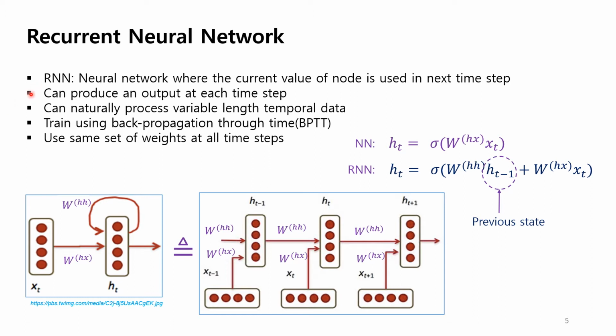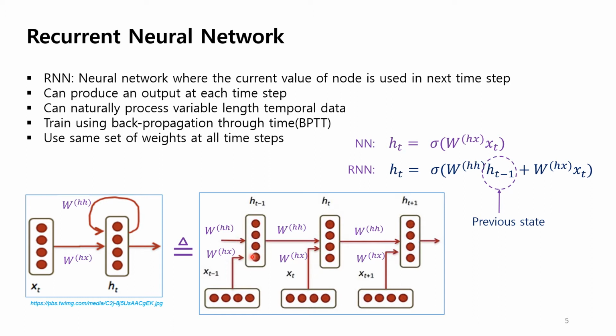Actually, RNN has many advantages over other machine learning algorithms. The first advantage is that in RNN you can produce an output at each time step. If you look at this picture, we are able to generate output from the hidden layer.